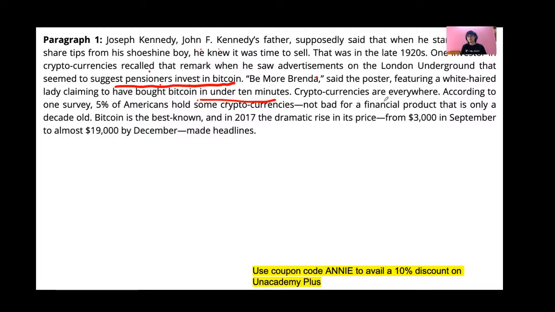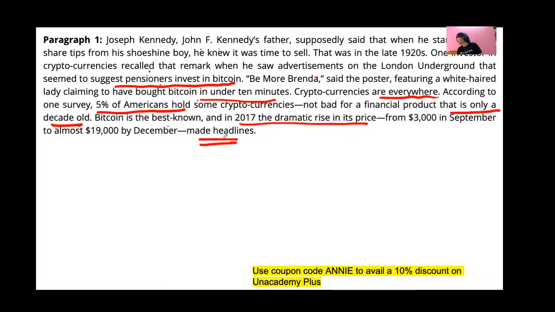Cryptocurrencies are everywhere. According to one survey, 5% of Americans hold cryptocurrencies. Not bad for a financial product that is only a decade old. Bitcoin is the best known, and in 2017, the dramatic rise in its price from $3,000 in September to almost $19,000 by December made headlines.